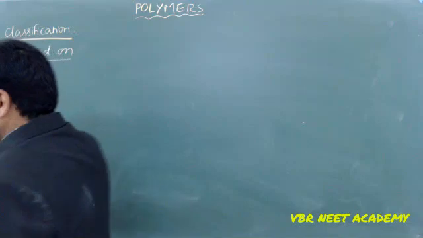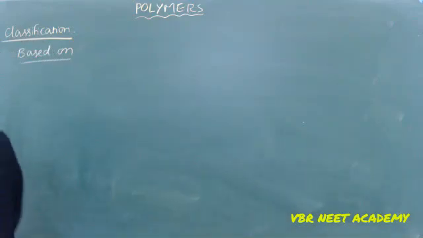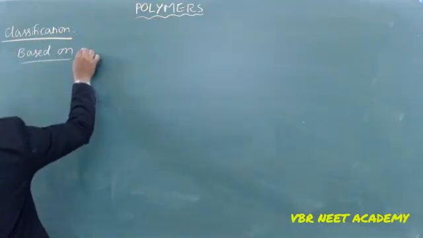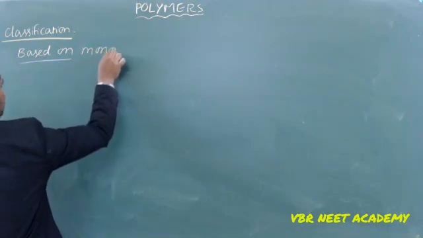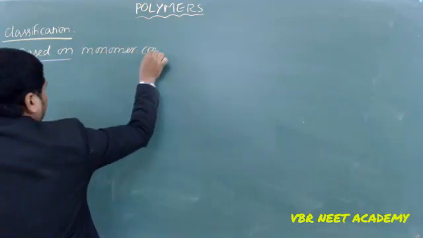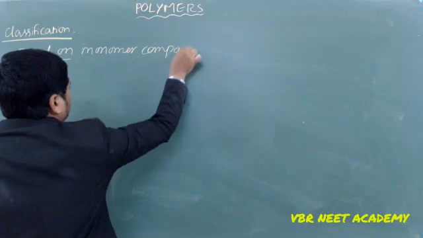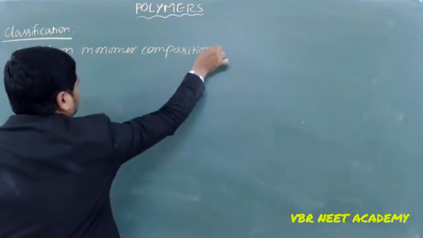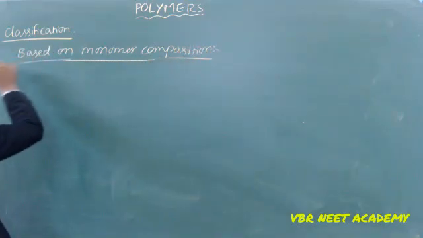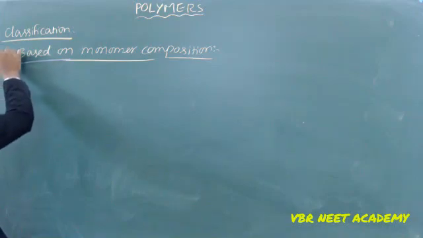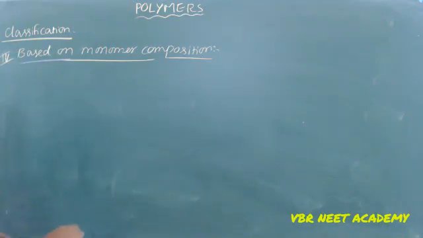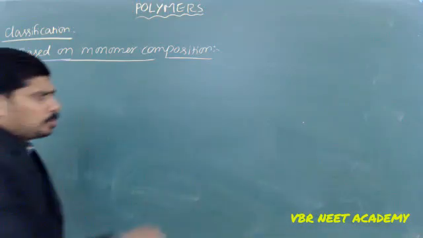So we can call it classification based on monomer composition. This is the fourth classification. We have already seen three classifications.